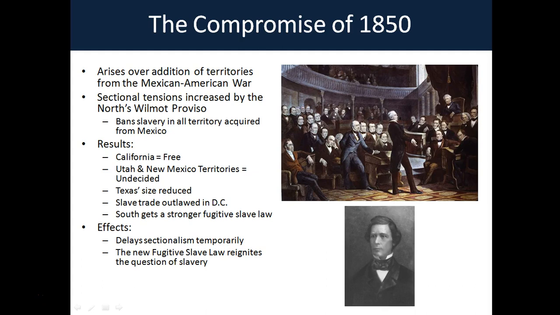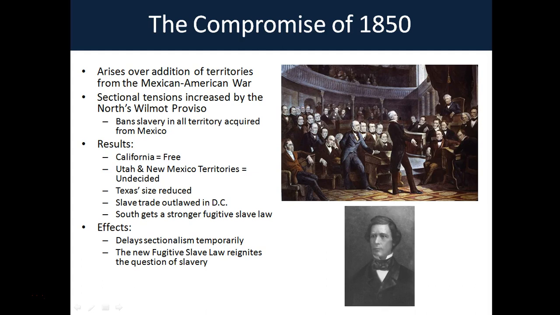Now, the compromise itself basically stated that California was free, the entire territory of it, while Utah and New Mexico, which were territories, not states, were undecided. Basically, they could come up with their own decision and have popular sovereignty. Texas's size was reduced. The slave trade was also outlawed in D.C., although slavery wasn't outlawed.